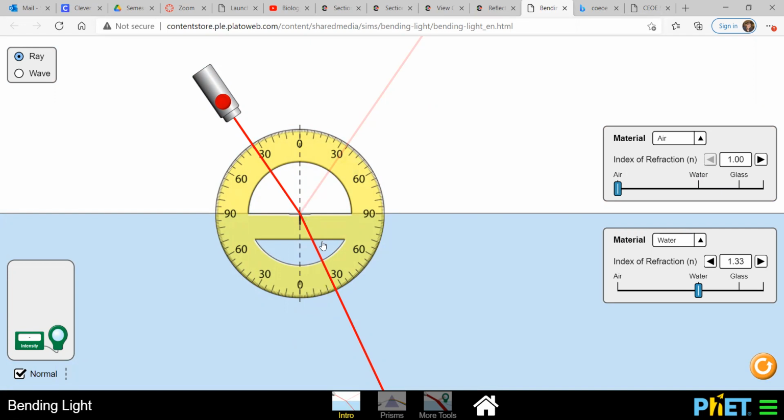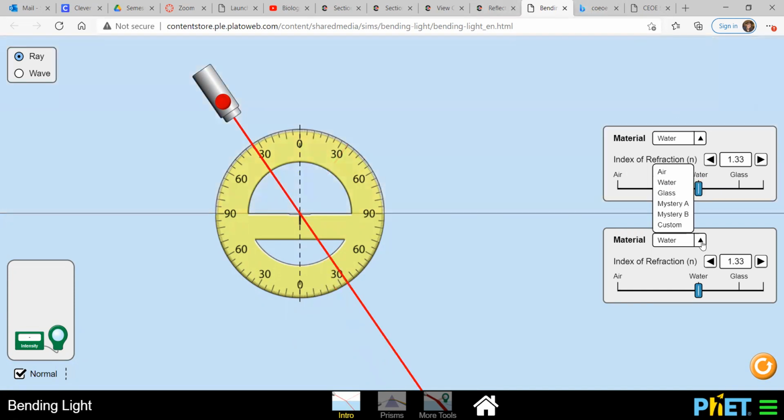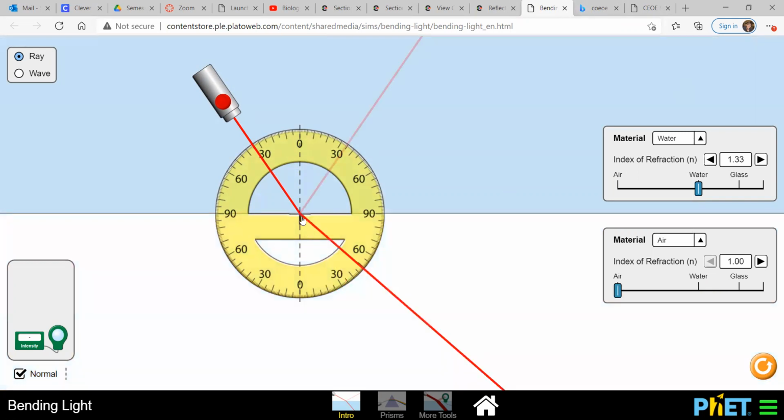So it would have been going straight like that, but it bent towards the normal. Going from air to water, but from water to air, you see, this would have been straight, but it bends away from the normal here.